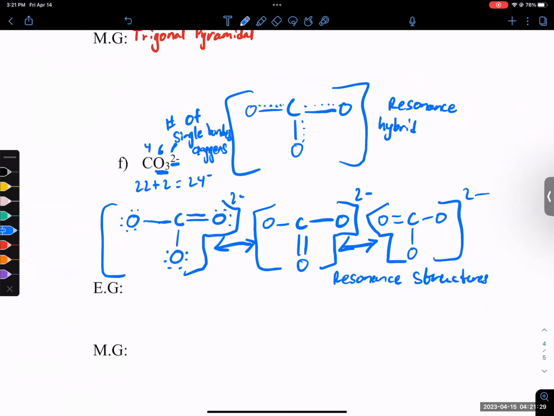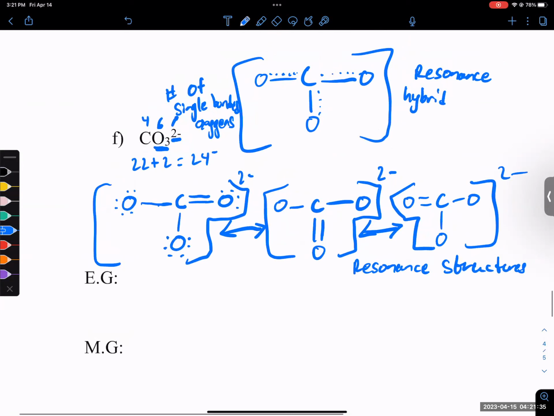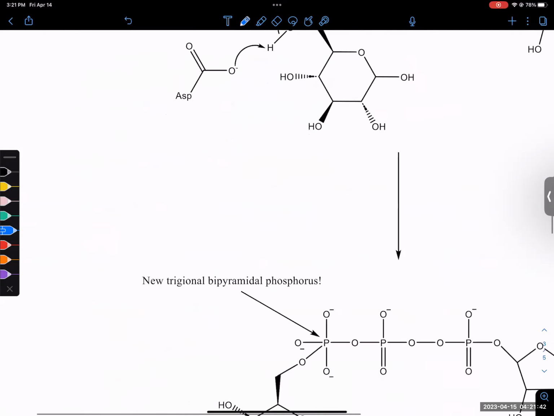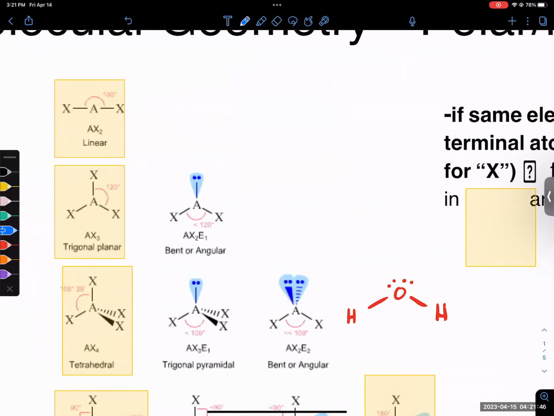But let's go to our electron geometries. So what is the electron geometry of our carbonate? So there's 1, 2, 3 electron regions. And if there's 3 electron regions, what geometry is that? Trigonal, there you go.